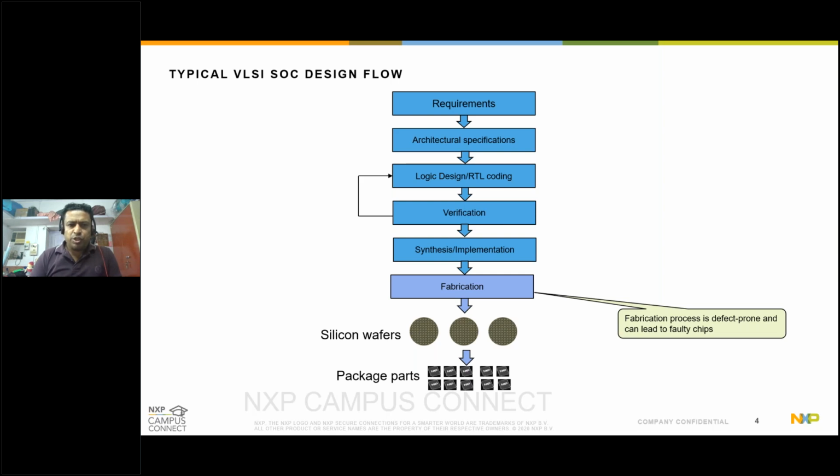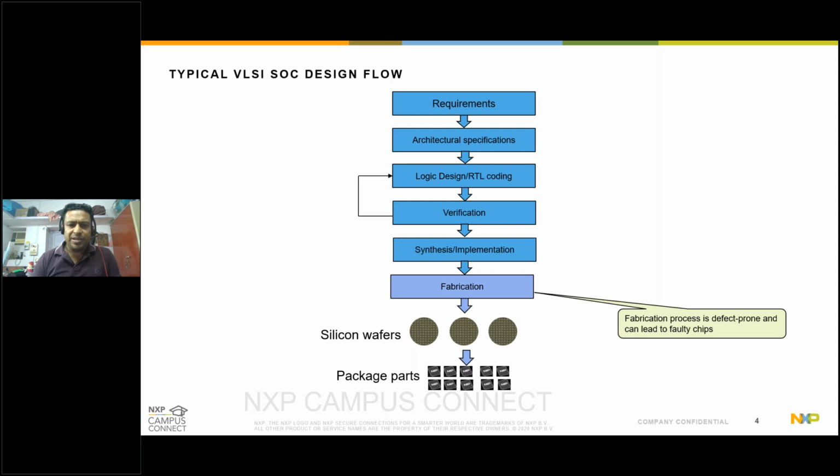In parallel, you also do the verification of your design to ensure that it is meeting the architectural specifications that you have chosen earlier. Once you have verified your design, the next part is to actually implement it using the underlying technology cells.